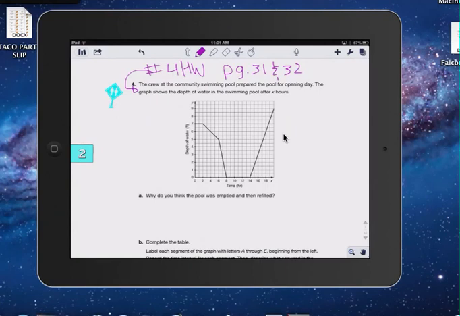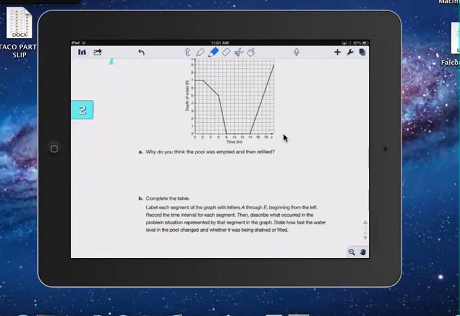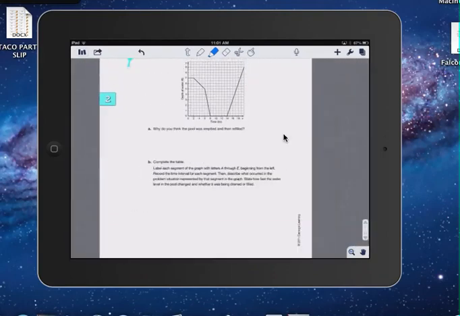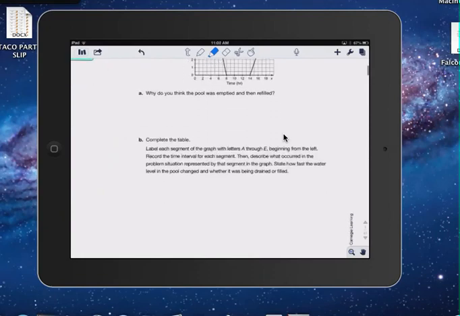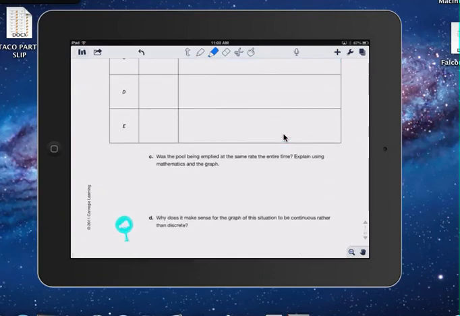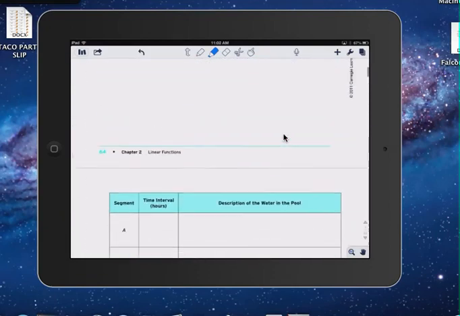This is a swimming pool. What happens with the swimming pool? You need to describe it, and then make the table. Fill it out.